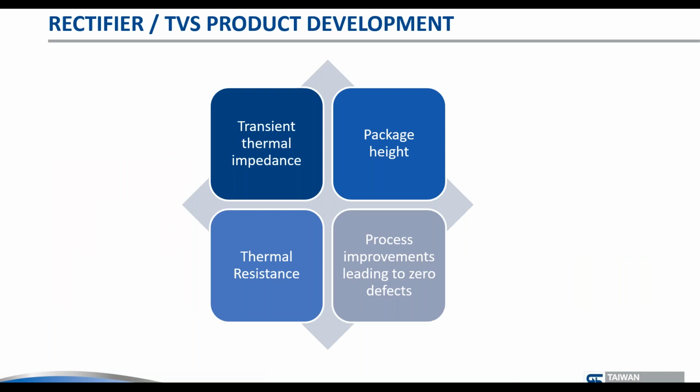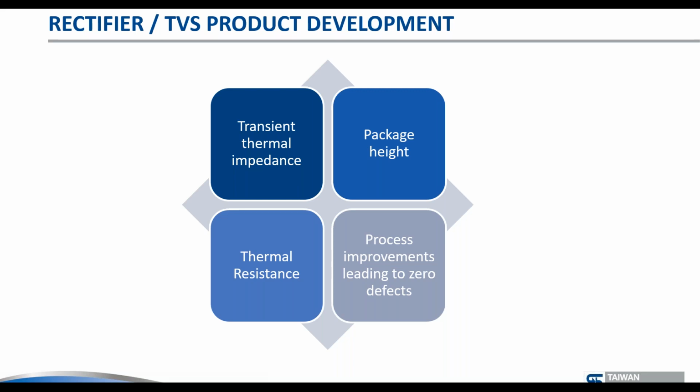We'll go now to the next slide here. This is our view, and we're going to compare this later on with your view. So the 4 key things from our perspective: from day one, people complained about the height of the SMA and SMP, so the package height is an important criterion.